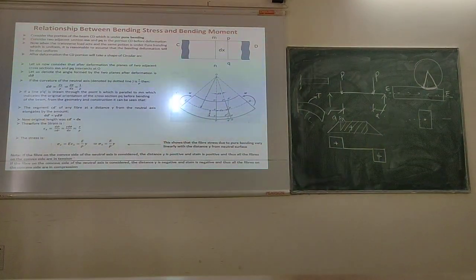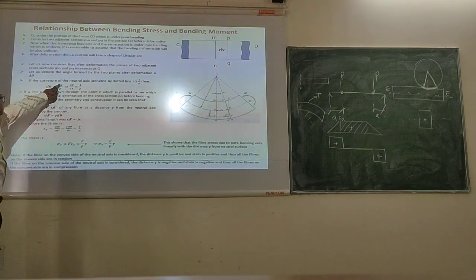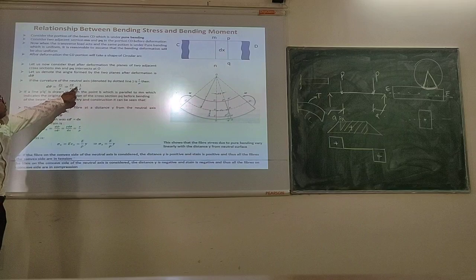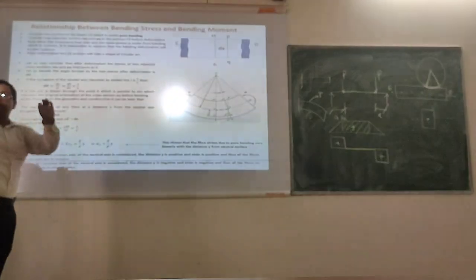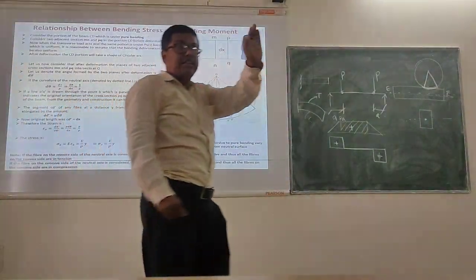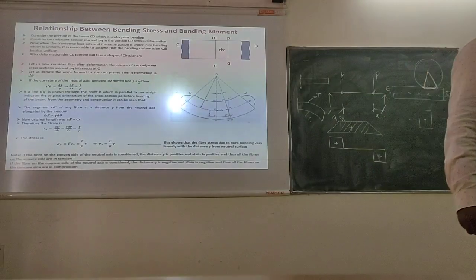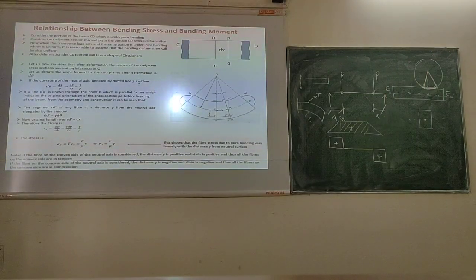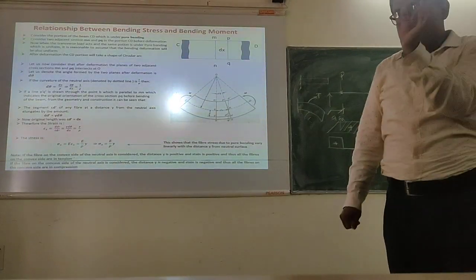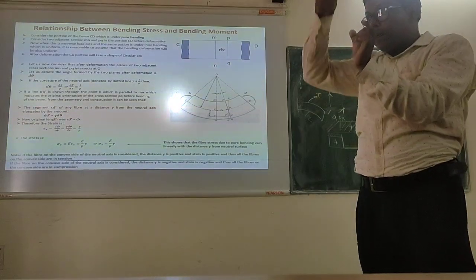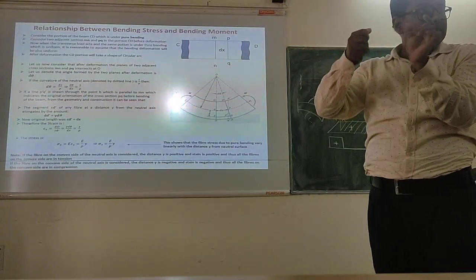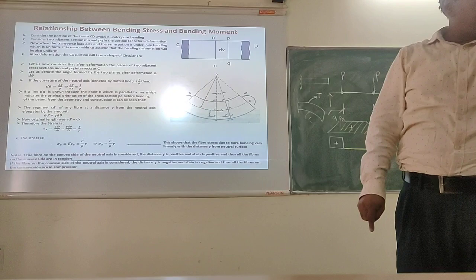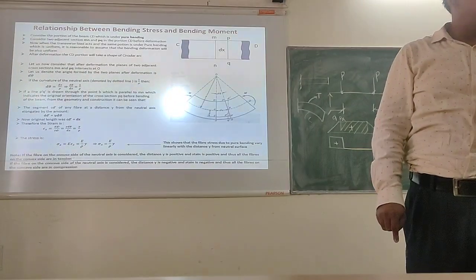Got it? Simple equation, nothing else. So what will be dx by d theta? It will be equal to rho. One equation we have established. And dx is the distance between two perpendicular sections at the neutral axis level, before deformation and after deformation, which is remaining the same.